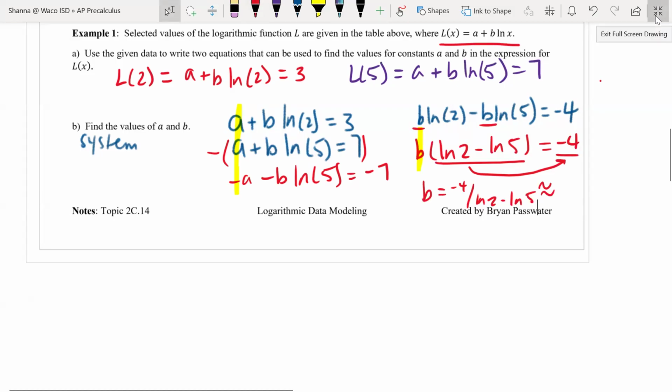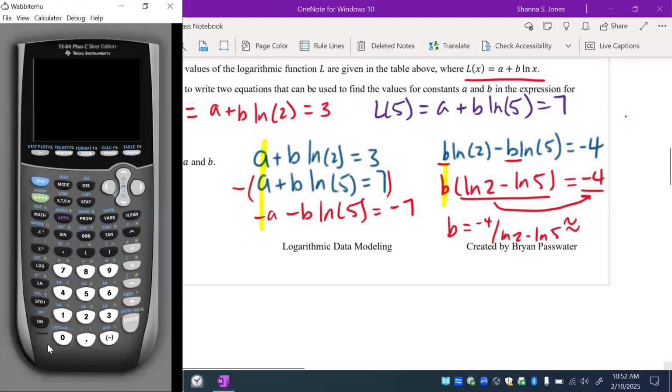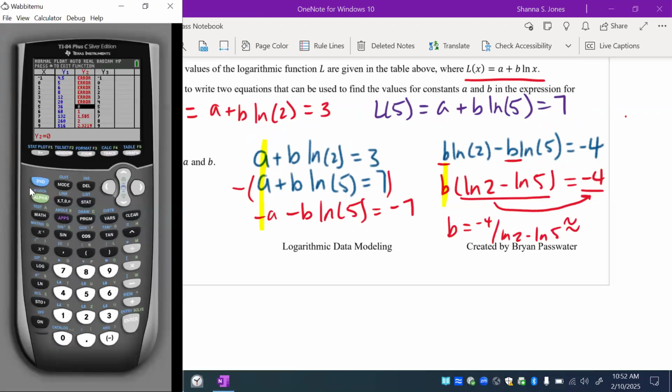Let me pull up old girl Sylvie because she can stay on the screen at the same time, whereas Desmos doesn't act right. I have -4 divided by, because I can't make the fraction, I have to use parentheses to protect my numerator and denominator, the natural log of 2, close parentheses, minus the natural log of 5, double close parentheses, and hit enter.